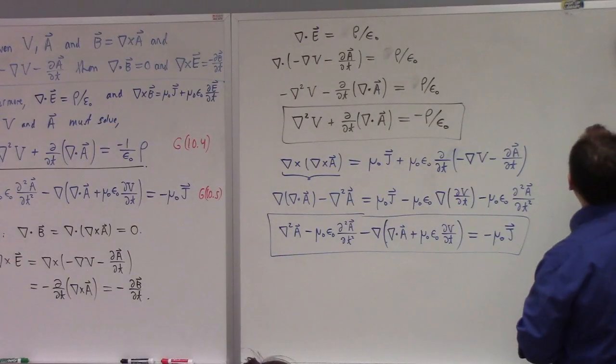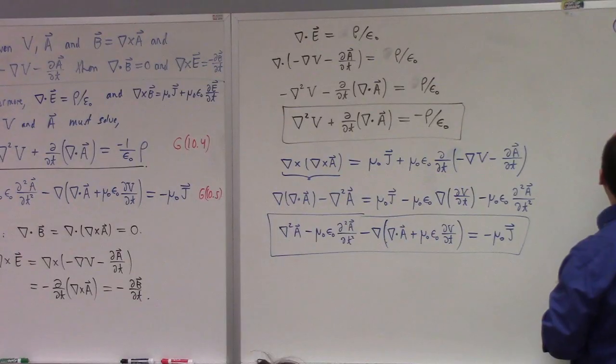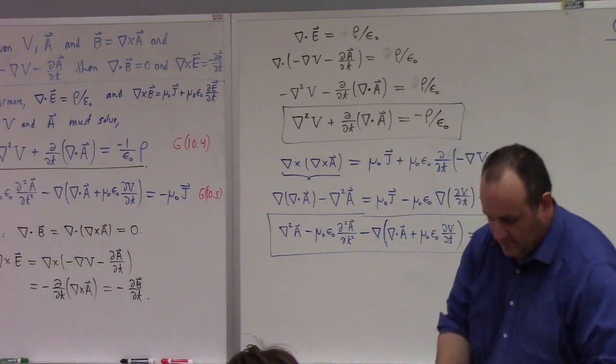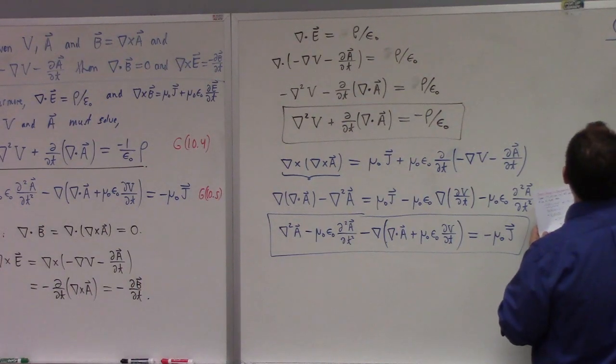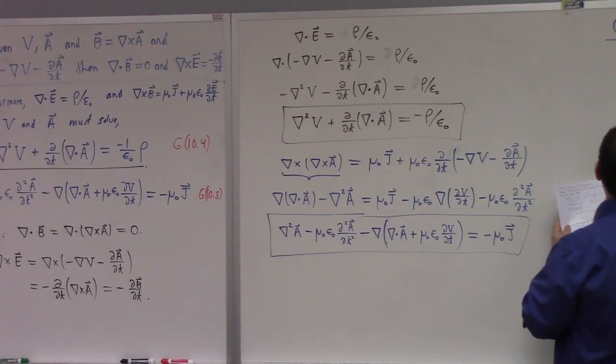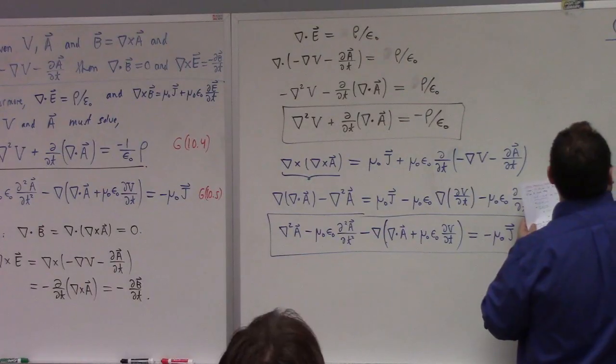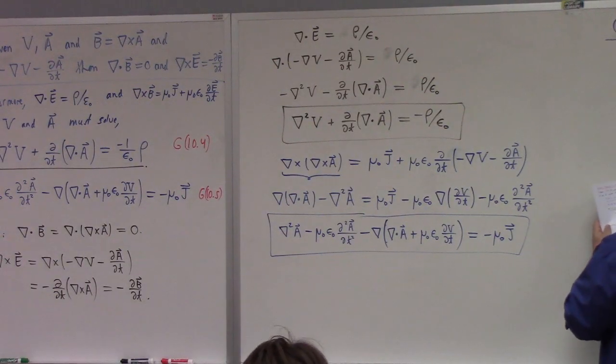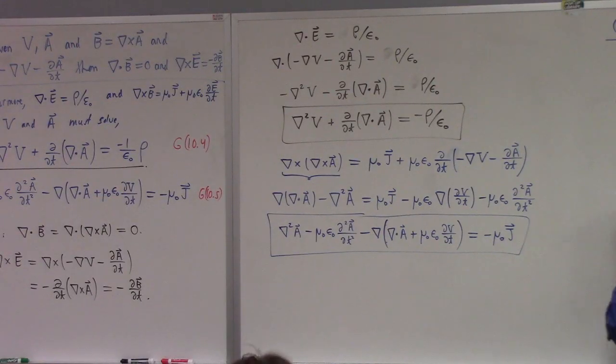So we could talk about gauge freedom. You can show that if we put A prime equal to A plus the gradient of lambda, and V prime equal to V minus the time derivative of that same scalar function of space-time, here's the theorem: if V and A give your electric and magnetic fields E and B, then so do V prime and A prime.